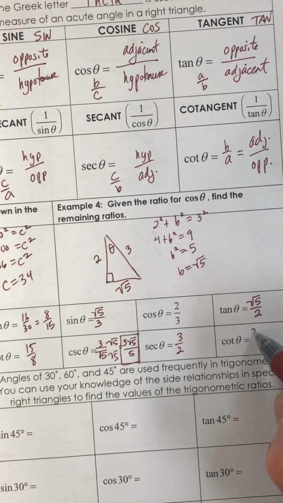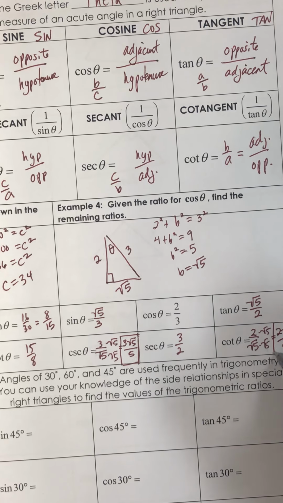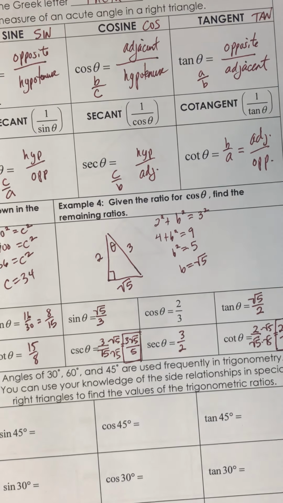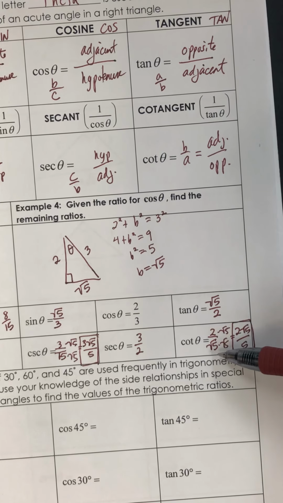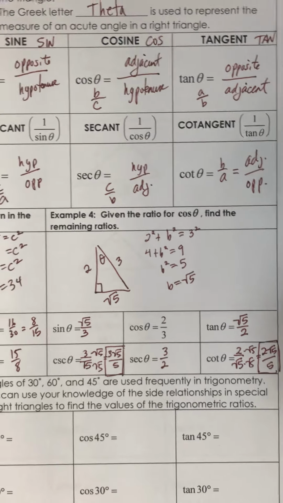Cotangent, I flip this over, so 2 over the square root of 5. I multiply top and bottom by the square root of 5 to get rid of that. I have 2 square root of 5 over 5.